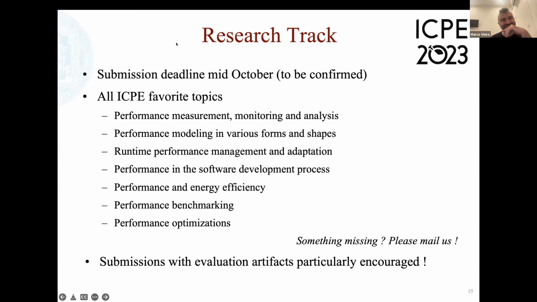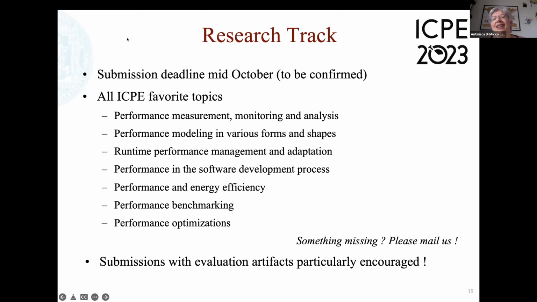About the research track, we have a tentative deadline for the submission in mid October. And of course, we will have all ICPE favorite topics that refer to performance measurement, monitoring, analysis, modeling, and so on and so forth. But we are looking for new topics.